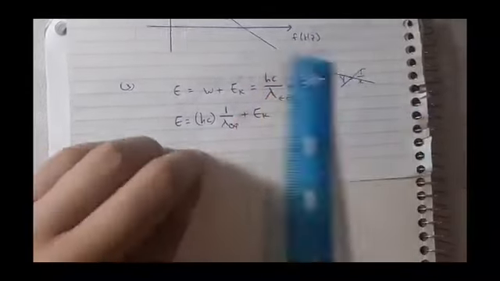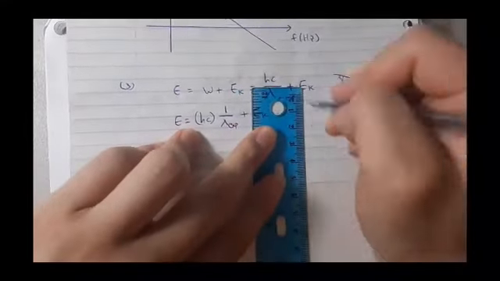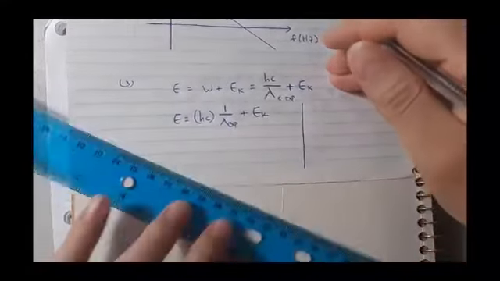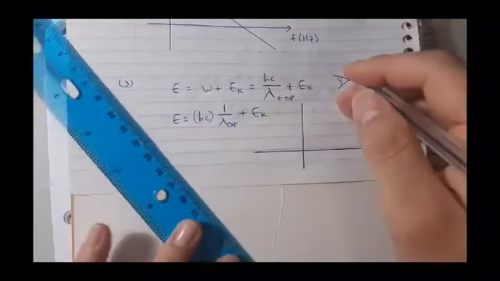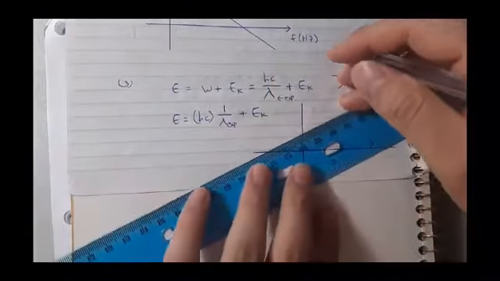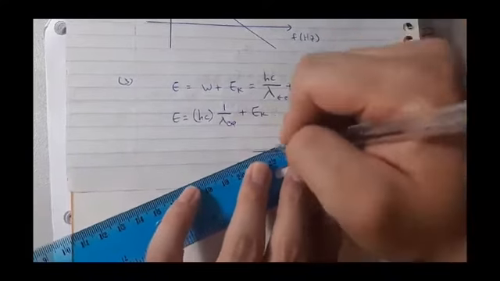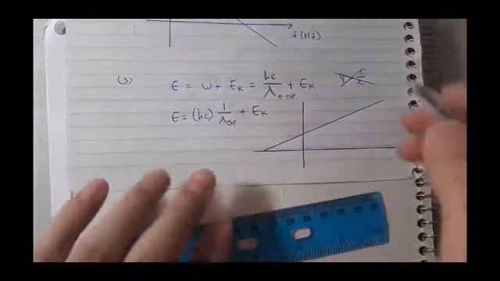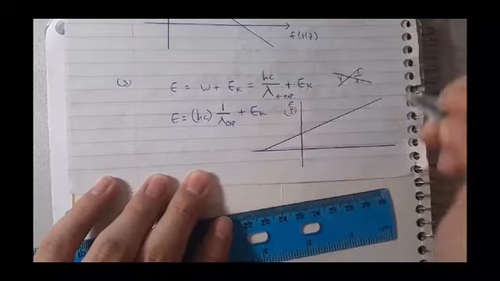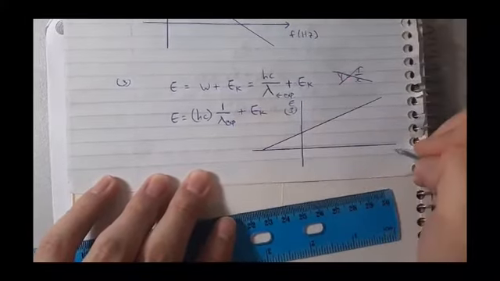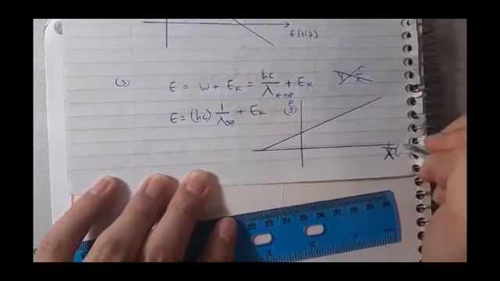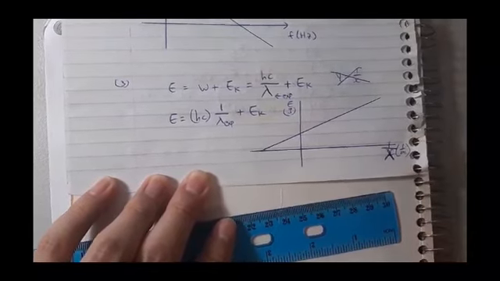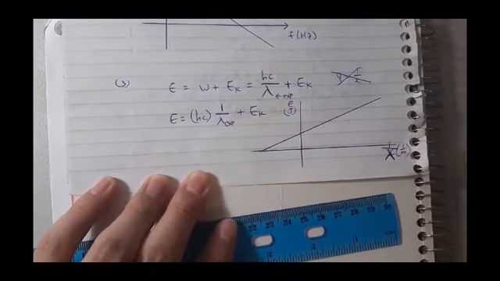Then you will still have a y-axis, x-axis with any type of slope that goes up like that. Except the only thing is 1 over lambda is my x.